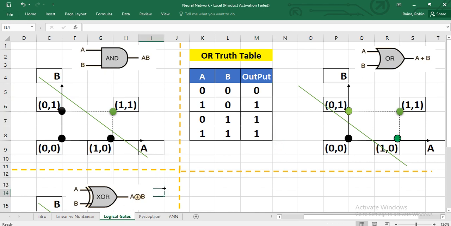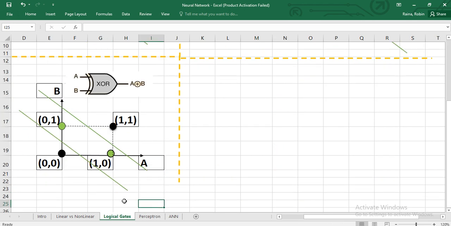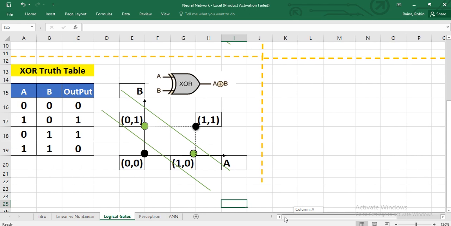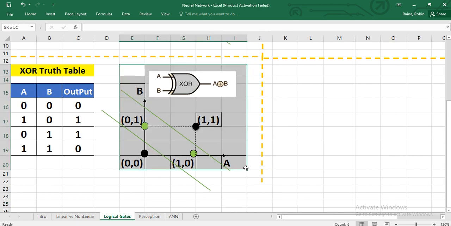As I said, you can search and study also. The XOR can never be replicated using the perceptron.